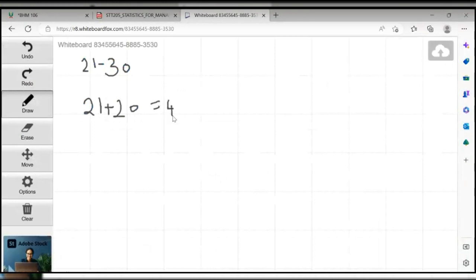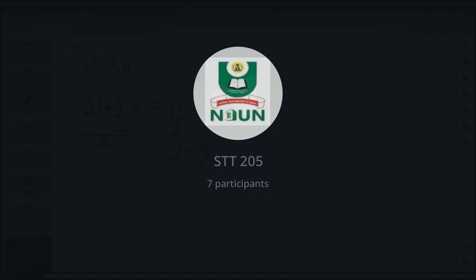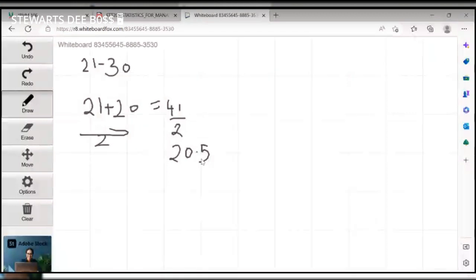When you divide it by 2, you will have 20.5. So here, the lower class boundary is 20.5.